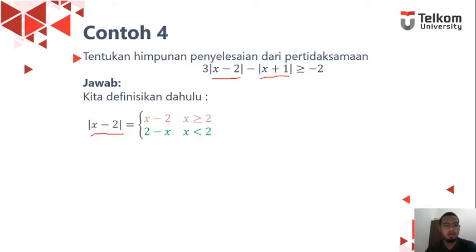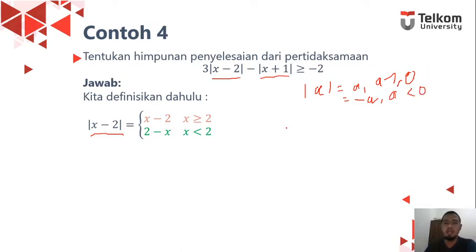In the previous lesson I already informed that if we have this one, the absolute value of a will be equal to a when the condition is a bigger than or equal to 0, and also will be equal to minus a when the condition is a less than 0.